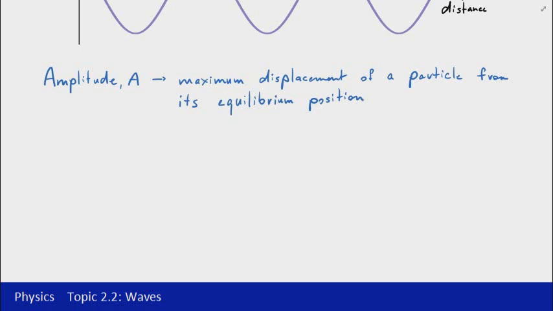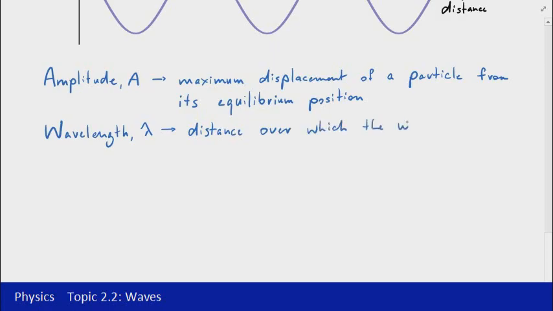The second property that I want to look at now is the wavelength. It's probably the next easiest to make sense of. The letter that we use there is the Greek letter lambda, and wavelength, as the name suggests, is a distance or a length over which the wave repeats itself.